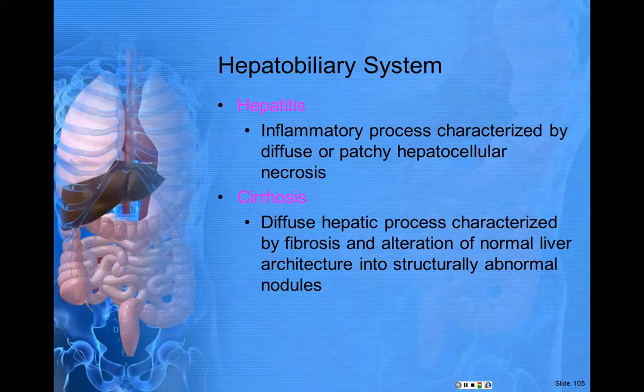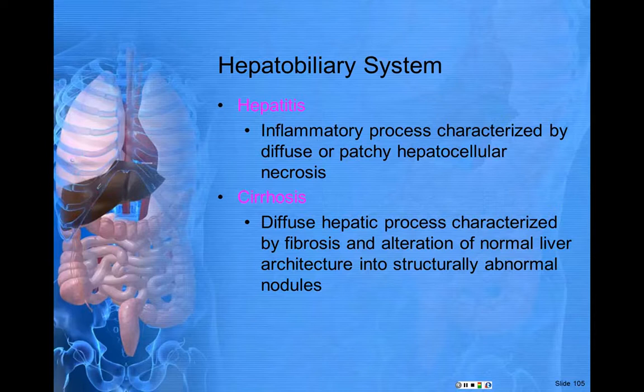Hepatobiliary system, hepatitis, and cirrhosis. We have inflammatory process that is characterized by diffuse or patchy hepatocellular necrosis in hepatitis, and fibrosis and alteration of the normal liver architecture in cirrhosis.